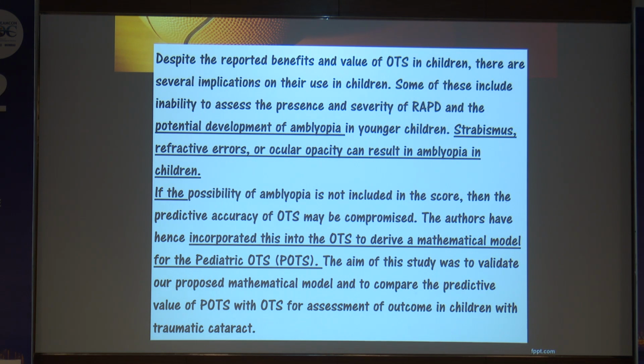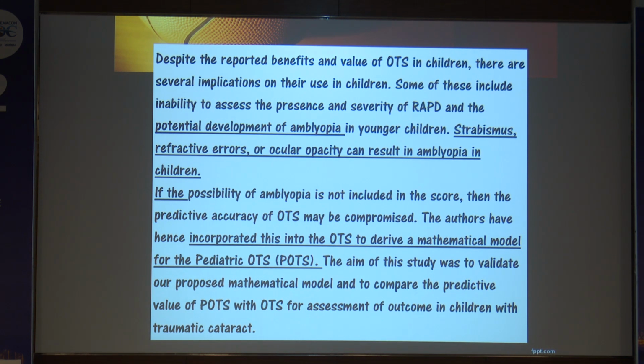Despite the reported benefits of OTS in children, many times the OTS goes wrong in children because of the potential development of amblyopia, which is not catered to by the OTS system. Strabismus, refractive errors, or ocular opacities can result in amblyopia in children. If the possibility of amblyopia is not included in this score, then the predictive accuracy of the OTS is compromised.